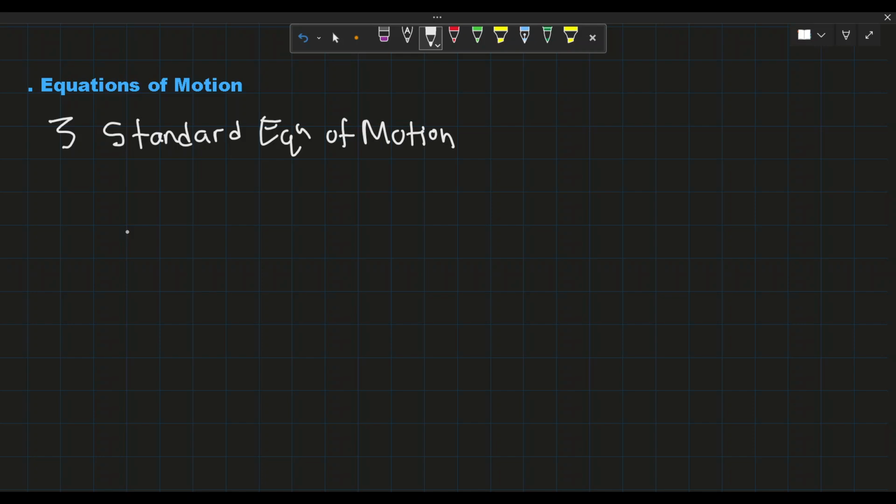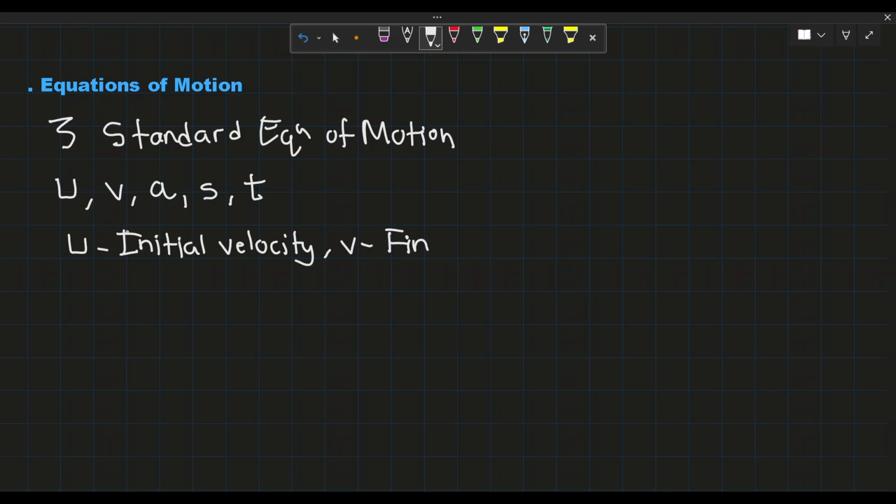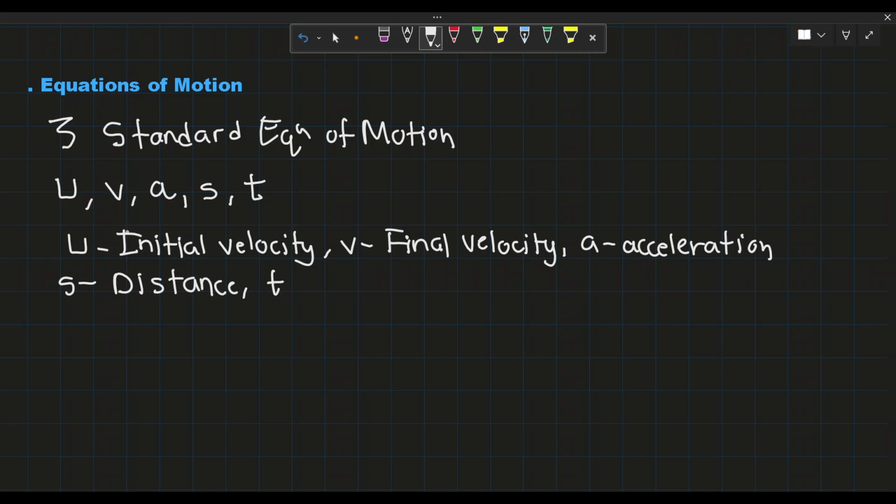Before telling you the equations of motion, it's important to describe a few terms like U, V, A, S and T. U stands for initial velocity, V stands for final velocity, A stands for acceleration, S stands for distance traveled, and T stands for the time taken.